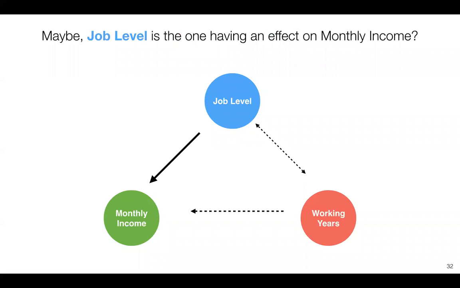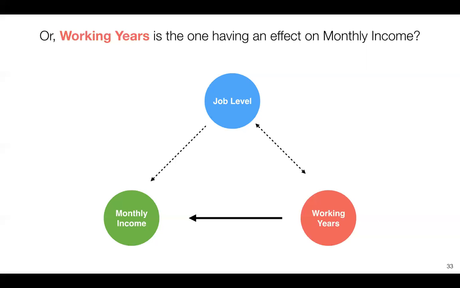That means maybe it's not because the working years increase that the monthly income increases. It's just that the job level increases and then the monthly income increases. So the relationship between working years and monthly income might not be a causal relationship. It might have more to do with the job level if you want to find out whether the monthly income increases or decreases.